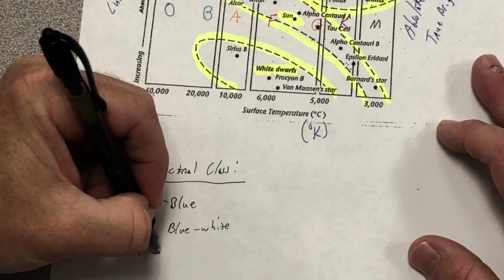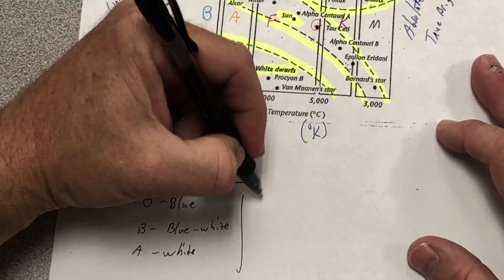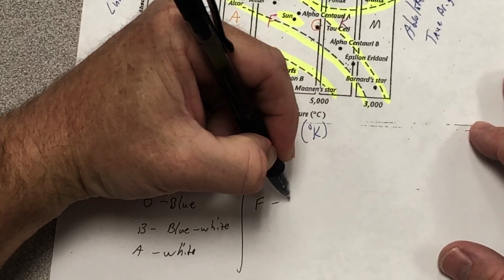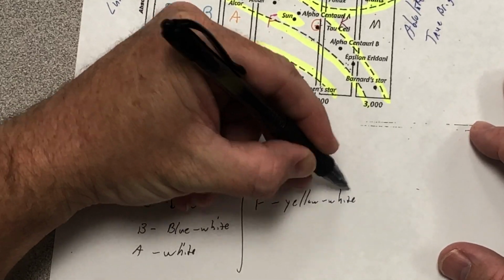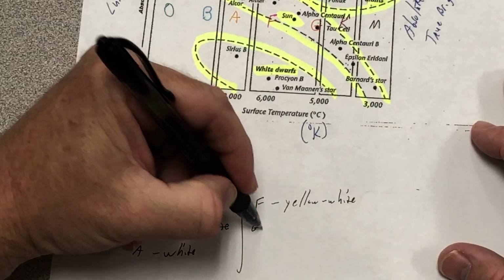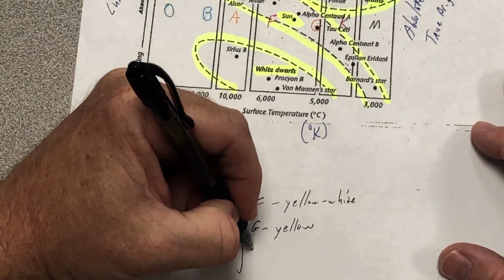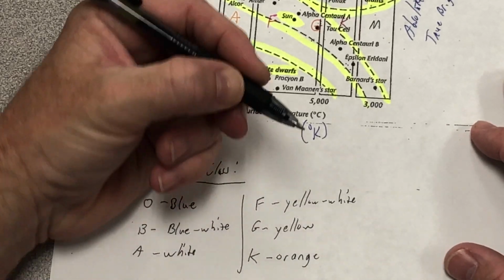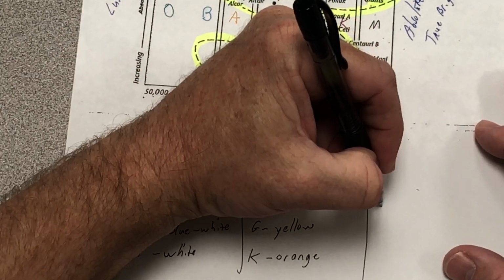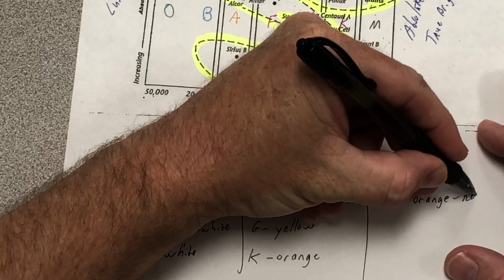Your A is white. F is your yellow-white star. Your G is your yellow stars. K is just true orange. We always like orange. And then your M is your orange-red.